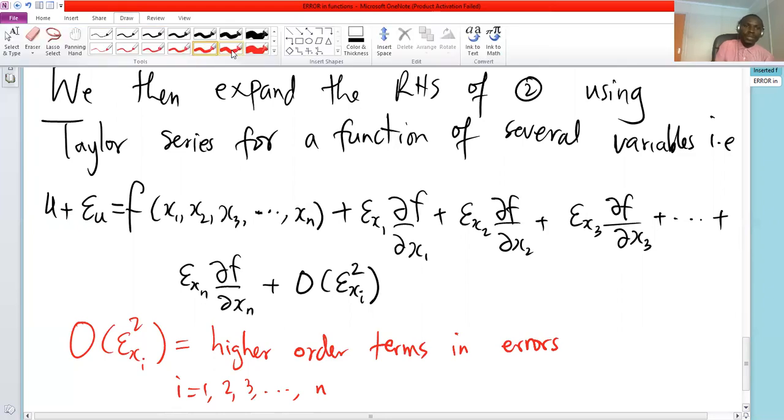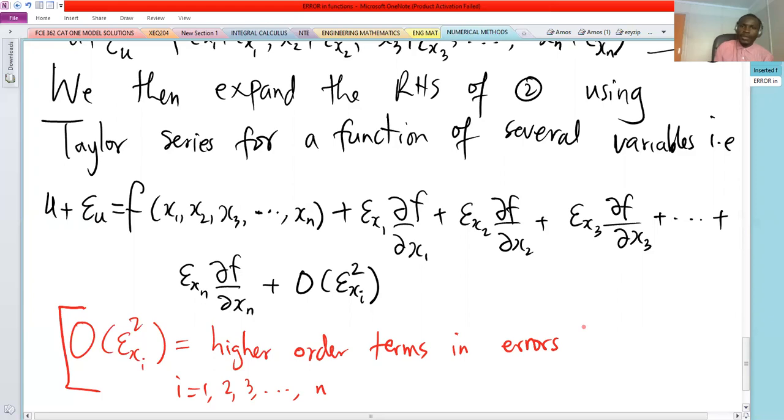So this was just by the way. So let's call this one equation 3.